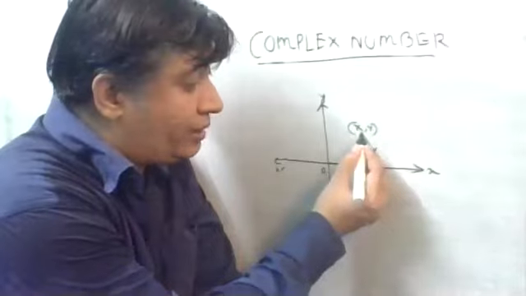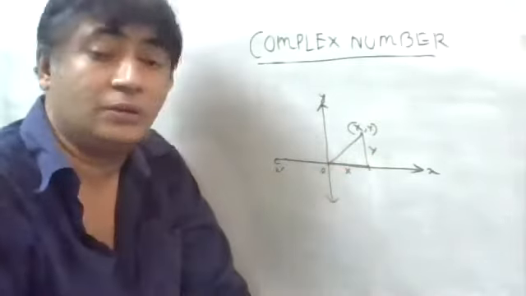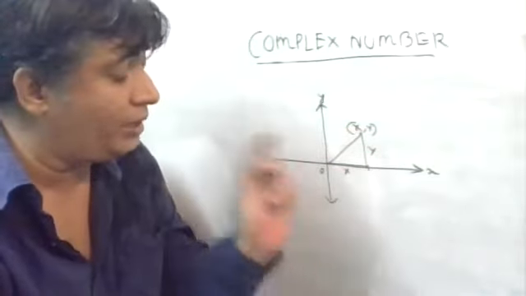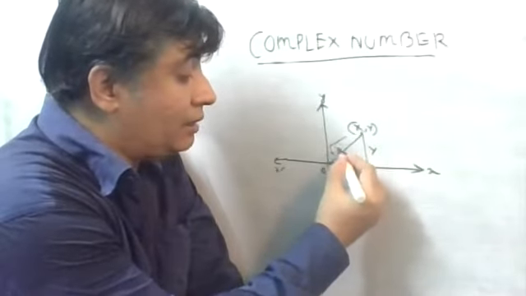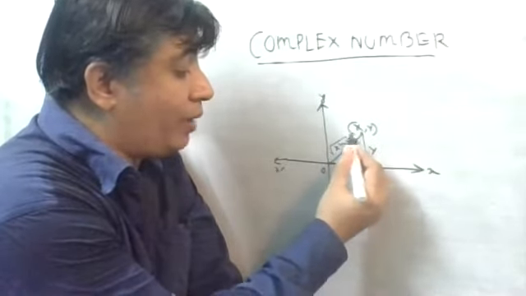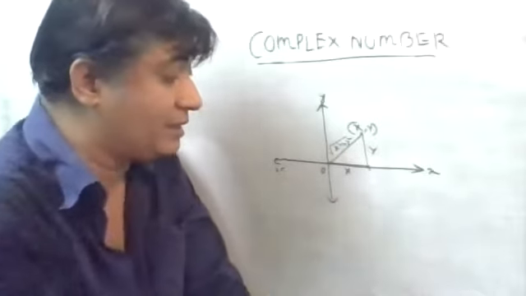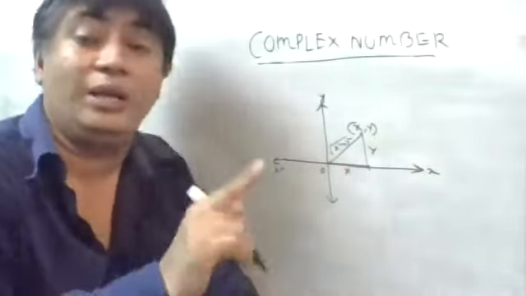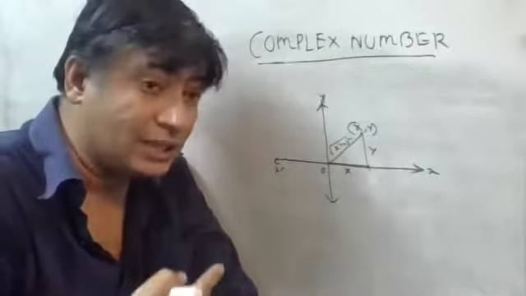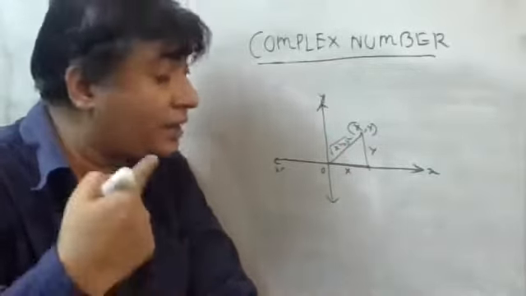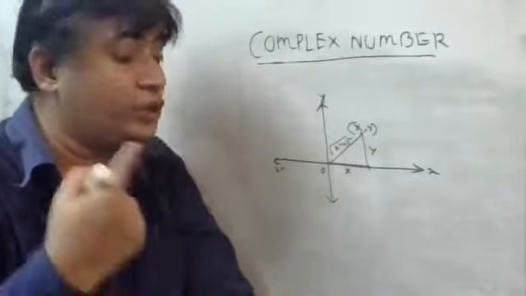Now, if you join this point to the origin, then you will get the length root of x square plus y square, and that is called the modulus of z, which was considered the hypotenuse in a right angle triangle in Euclidean geometry.